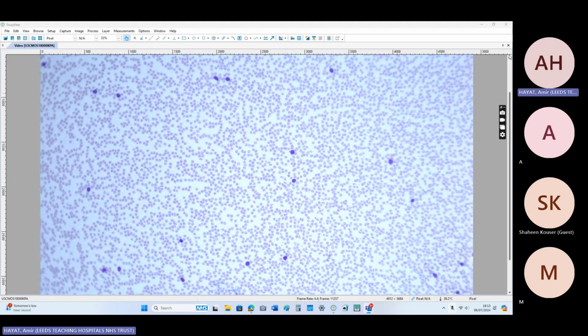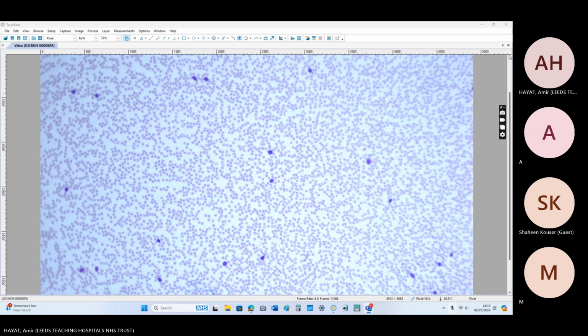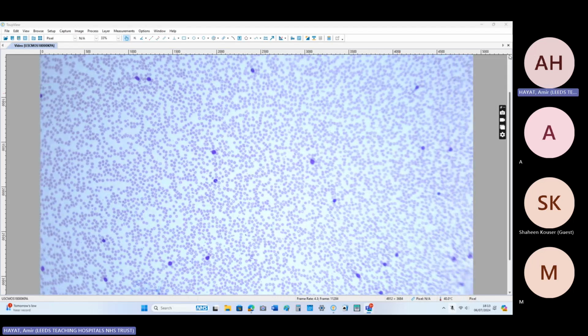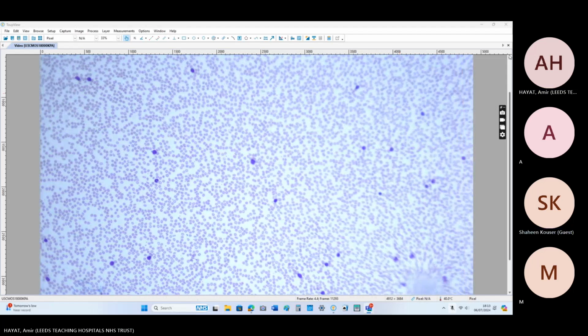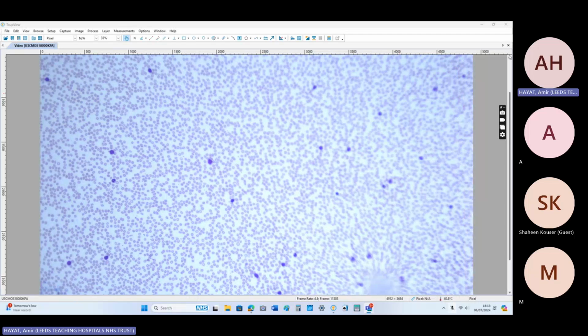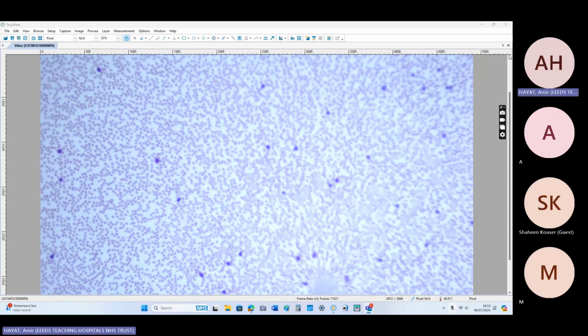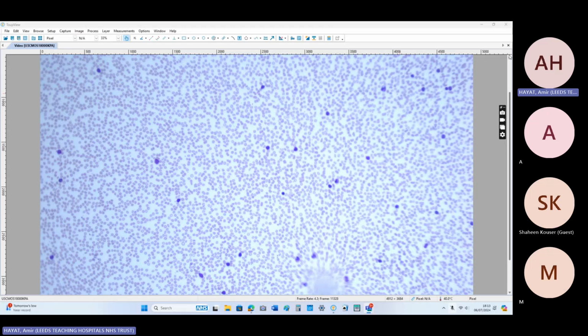So this is a 62-year-old patient with high white cell count, and the blood film shows lymphocytosis. This is the power 10 of the microscope.